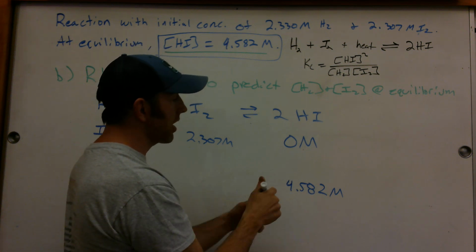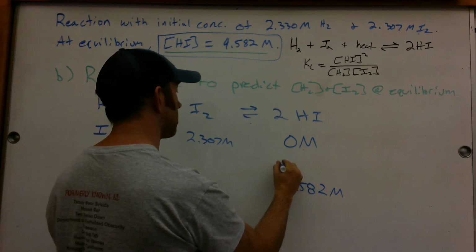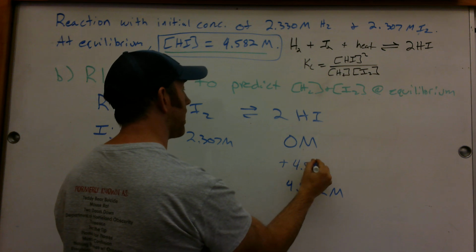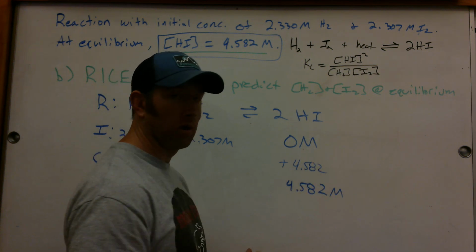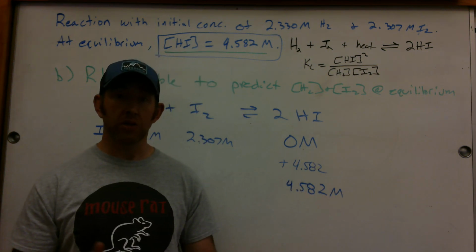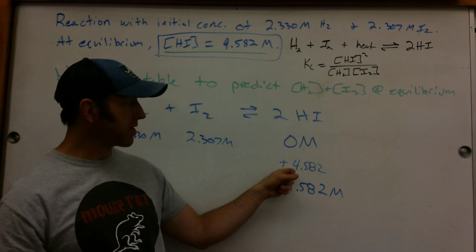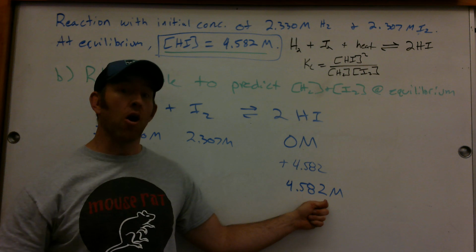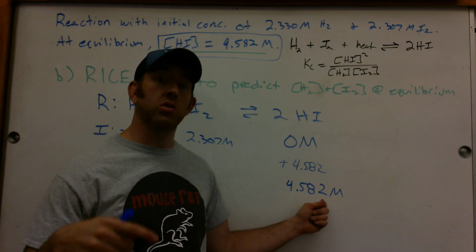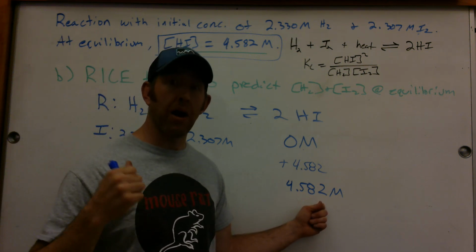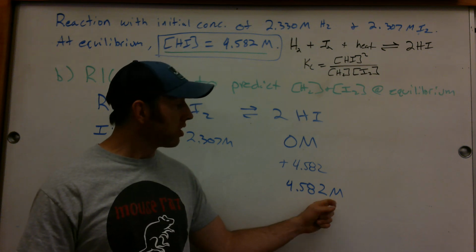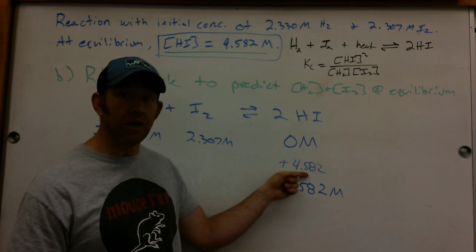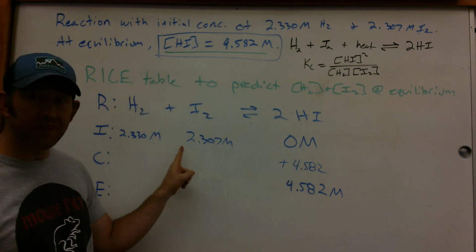All right, now that little piece of information is important to us because I know that to go from there to there, I have to go plus 4.582. Okay, that's a simple calculation, because 0 plus 4.582 gives 4.582. All right. Now, we have to simply use some logic and what we understand about mole ratios to infer how this change is reflected on this side of the reaction.